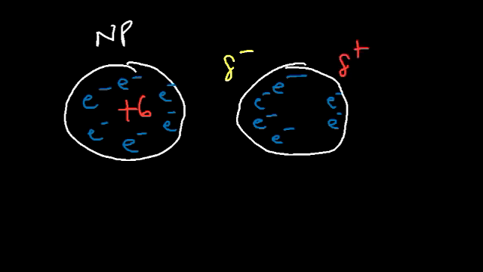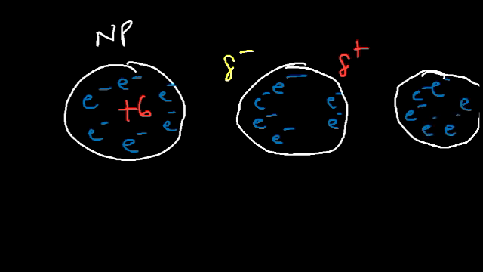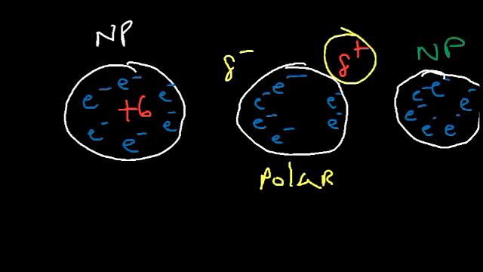So let's say if you have another atom next to it that is nonpolar, this one right here is polar, or slightly polar, due to the separation of charge. Now this other neutral atom that's nonpolar on the right, the electrons in this atom are going to be attracted to this partially positive charge.